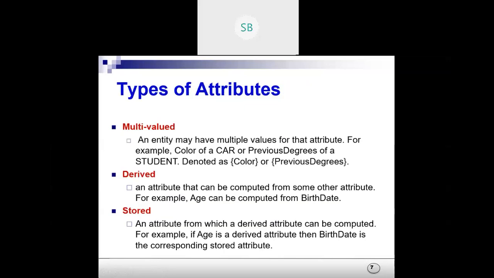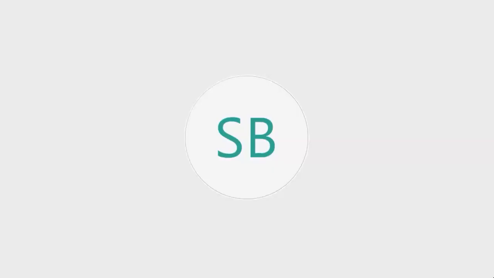Next we have multiple value. Some attributes may have multiple values for an attribute. For example, you have a certain car, a certain vehicle, so you can differentiate based on the color, maybe blue, black, red, silver, white, whatever. And then also the previous degree.